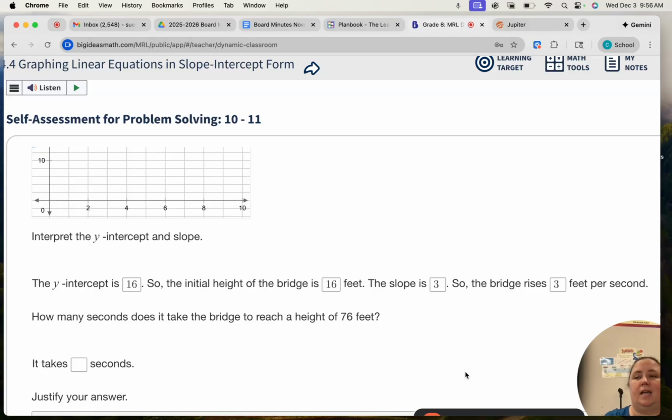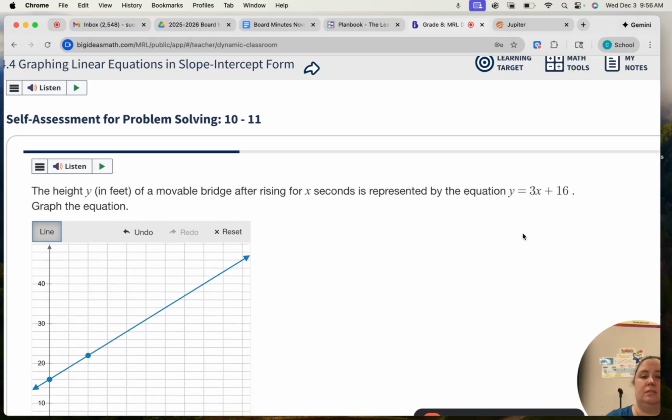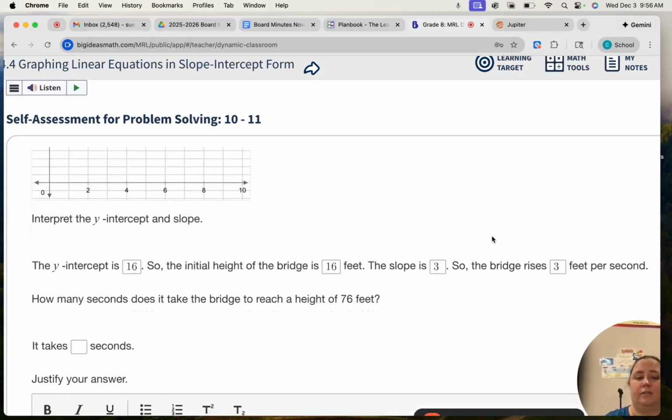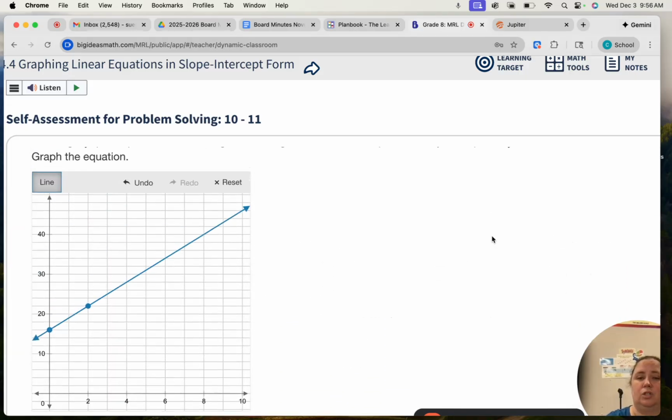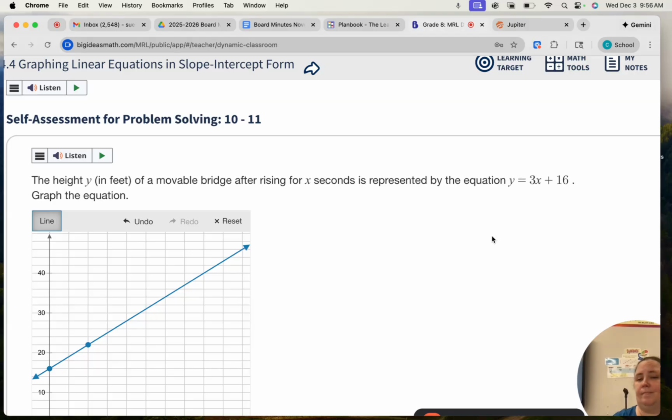The last thing is, how many seconds does it take for the bridge to reach a height of 76 feet? Is it the y value or the x value? It's the y value. So in this equation, I can plug 76 in where the y is and solve for x. And the x will tell you how many seconds it takes to get to that height of 76 feet.